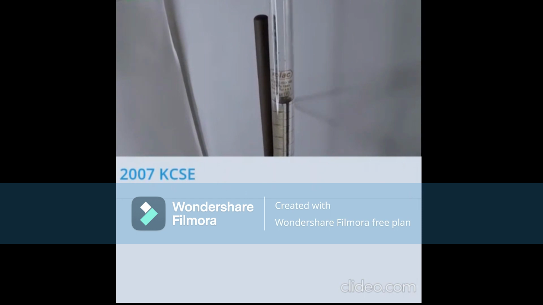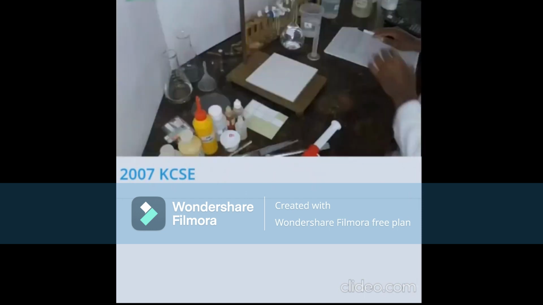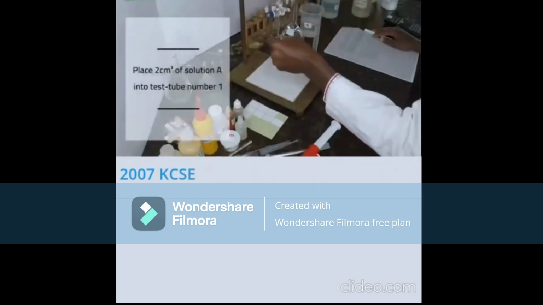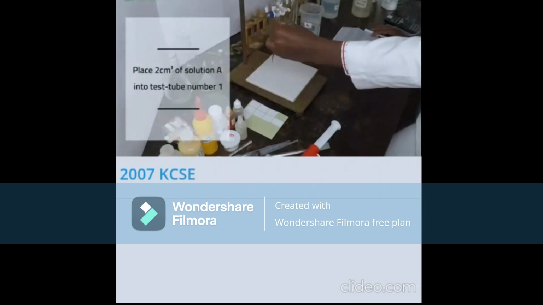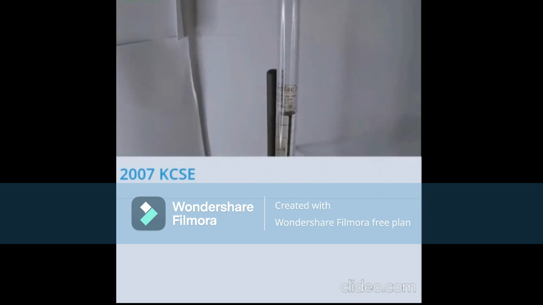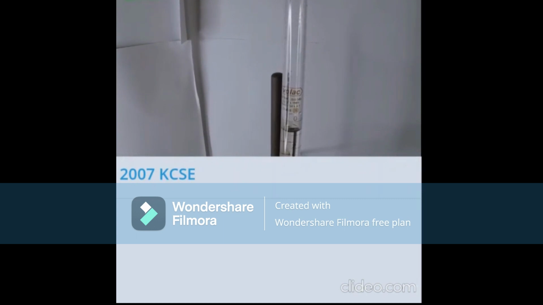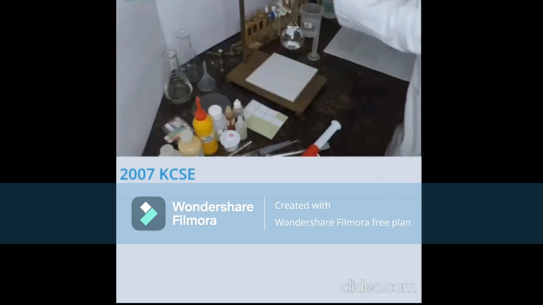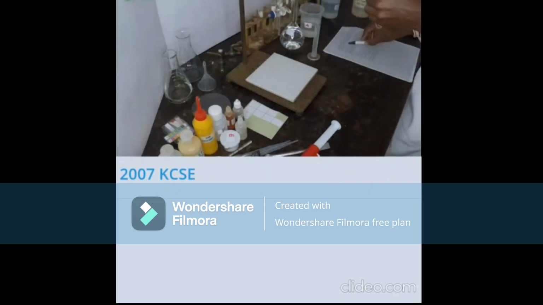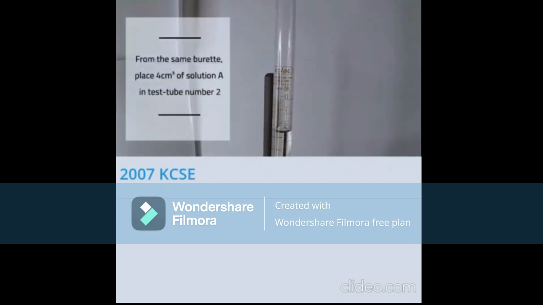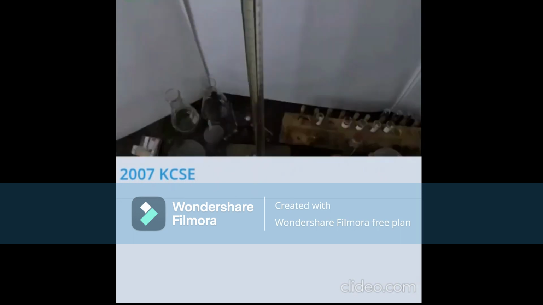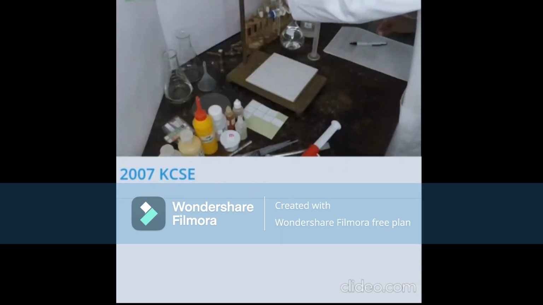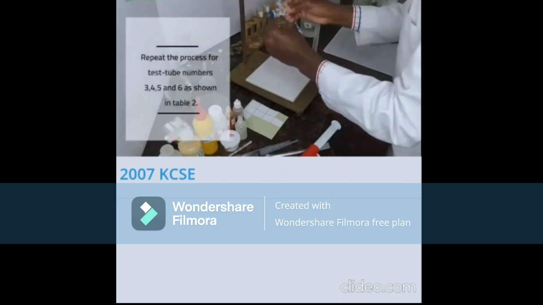Now remember, we have 6 test tubes. The last test tube will have 12 centimeter cube. For the second one we are using 4 centimeter cube, the third one 6 centimeter cube, and the fourth one 8 centimeter cube. Now to the sixth one.